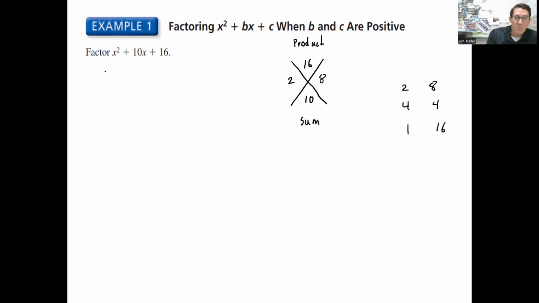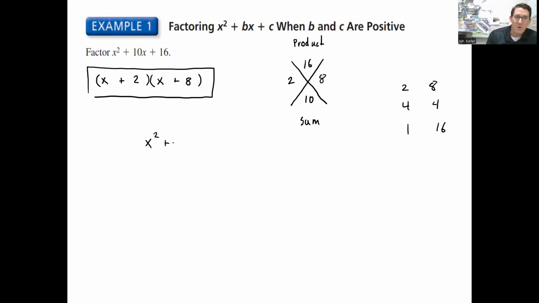So here, then, what we're going to do is split this into 2 sets of parentheses. Each set of parentheses is going to get an X at the beginning, and then these go at the end. Since they're positive, it's going to be plus 2, then plus 8. And that is the factored form of x squared plus 10x plus 16. So just a reminder of what we're doing: we're taking this whole quantity, x squared plus 10x plus 16, and we are factoring it.